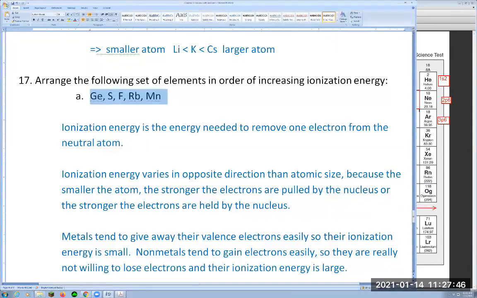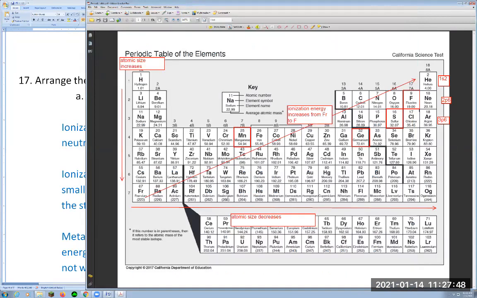Germanium, sulfur, rubidium as well. Rubidium is here. It's group number 1A, an alkali metal, not an alkaline earth, an alkali metal. Okay, so we have our atoms there.